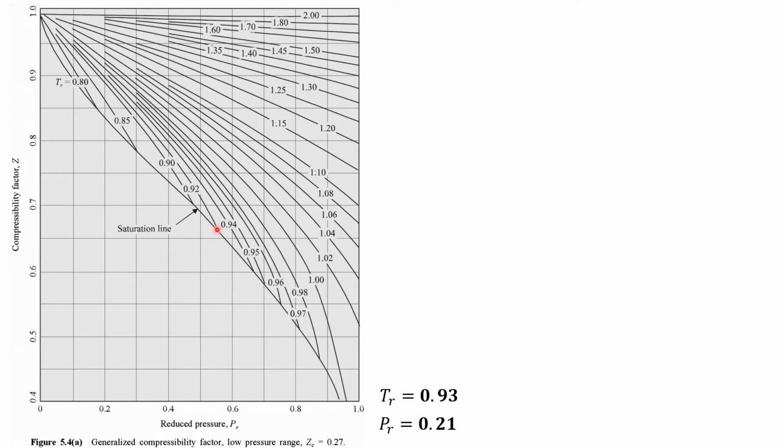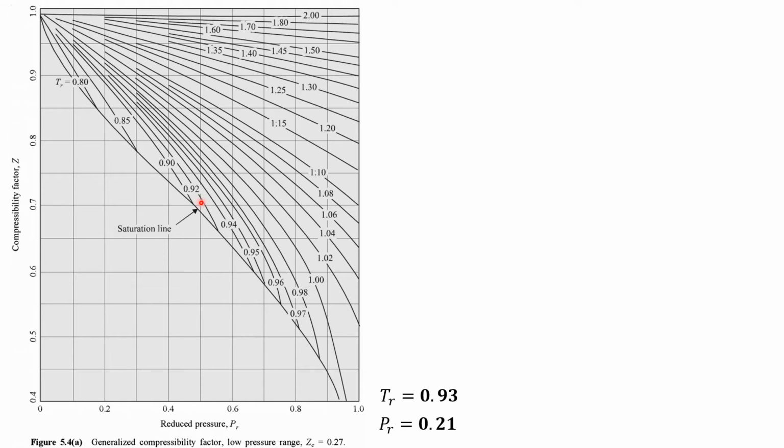So if you see here, this line corresponds to Tr equal to 0.92, and we have Tr equal to 0.93.